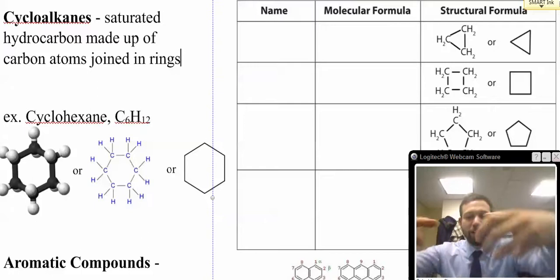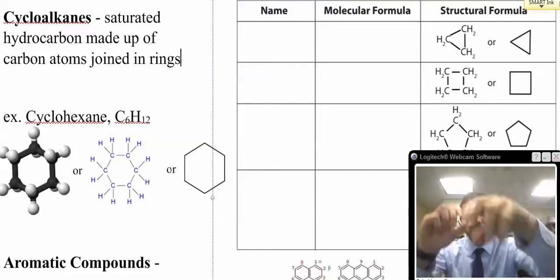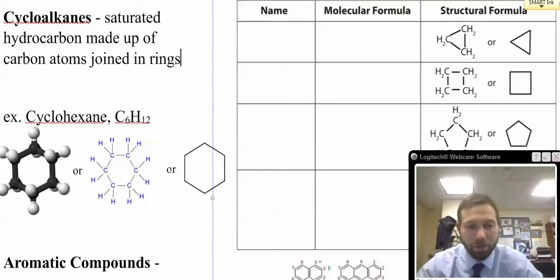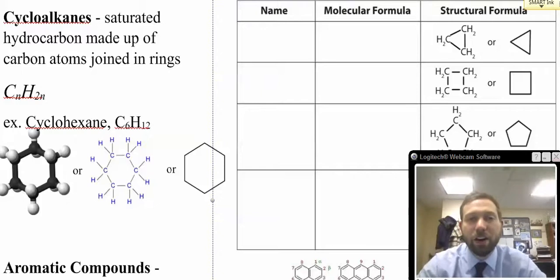When you join an alkane together by its ends to make a ring, 2 of the hydrogens have to come off, so cycloalkanes have a CnH2n formula. So it's good to remember that cycloalkanes are single bonded with their carbons, but they've lost 2 hydrogens in making that ring.